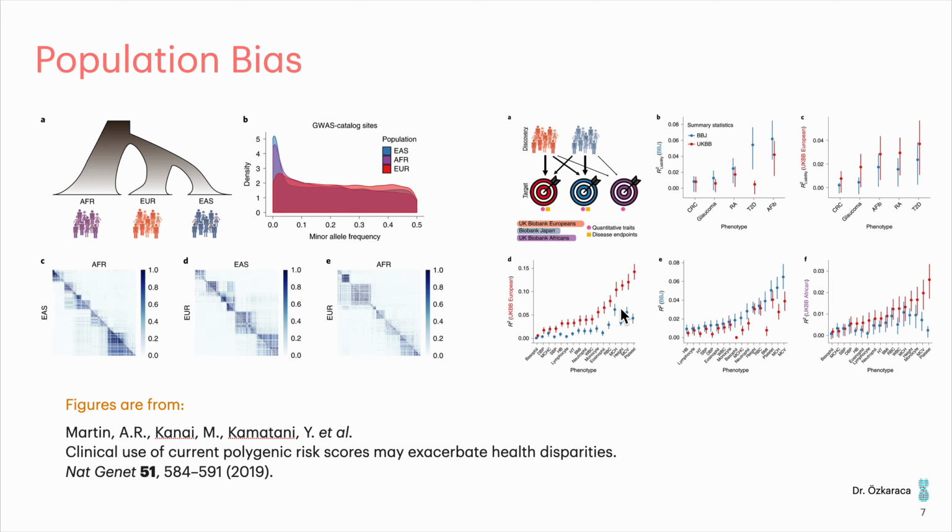Remember that in the previous video where we talked about the meta-analysis issues, there was a meta-analysis study about height which combined 5 different ancestry cohorts, and they used the fixed effect models.